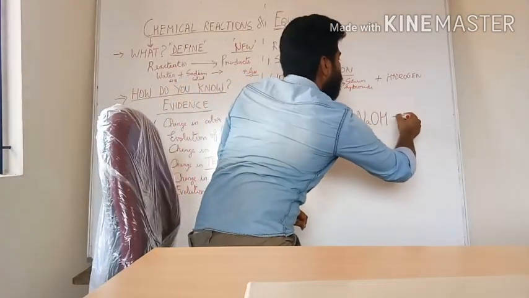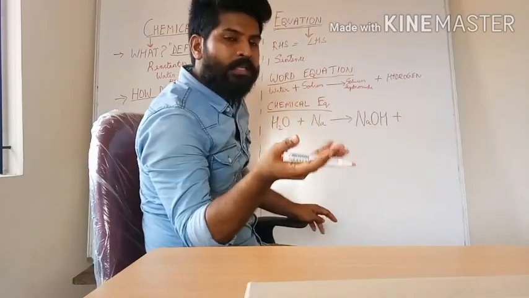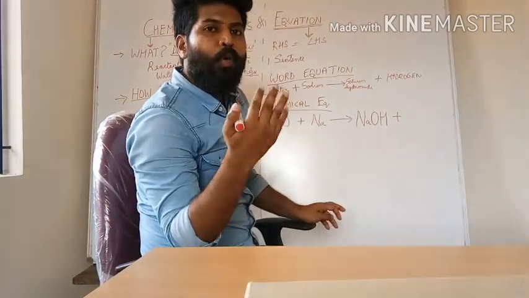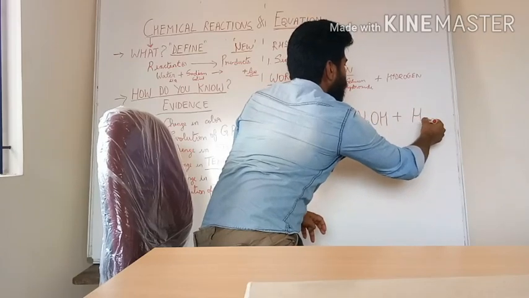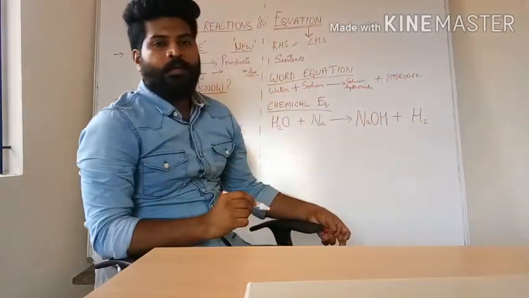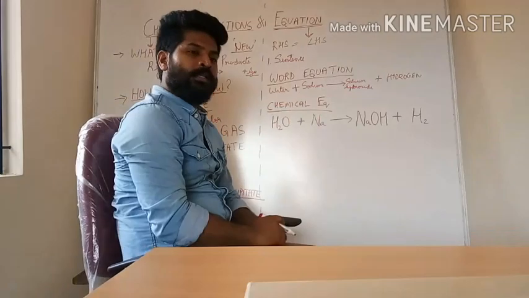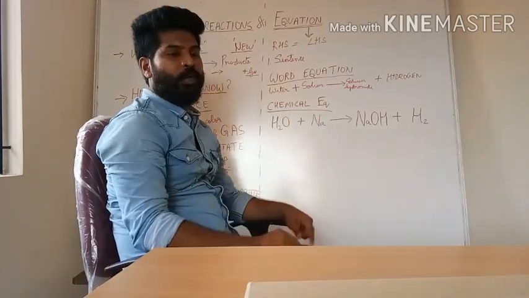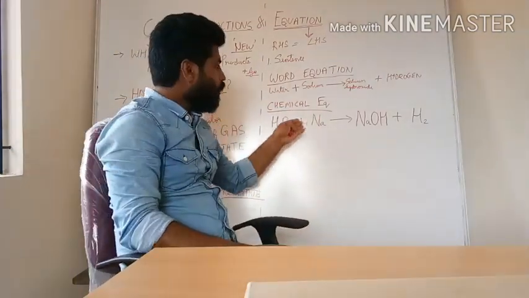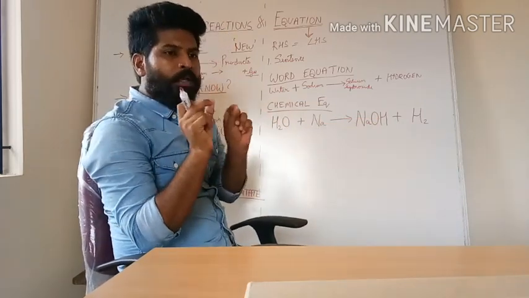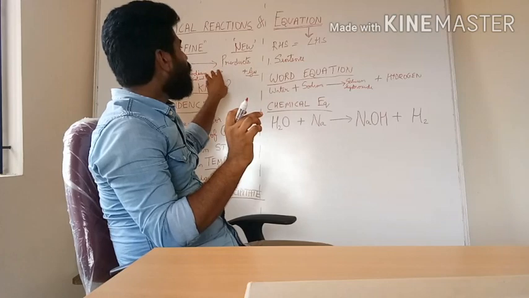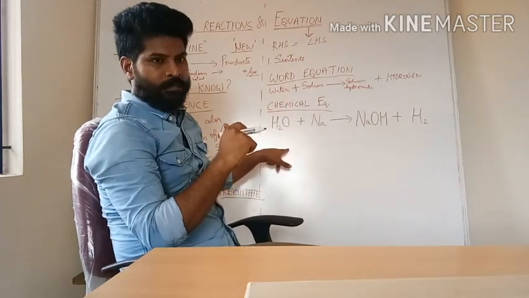And hydrogen. Hydrogen in nature is present in the molecular form. Hydrogen molecule is shown as H2. Now there it is. This is our chemical equation. What we have shown here is a chemical equation. It is a very simple representation of a chemical change.